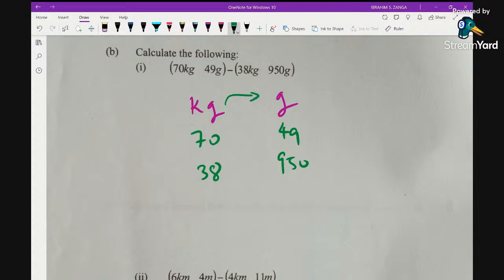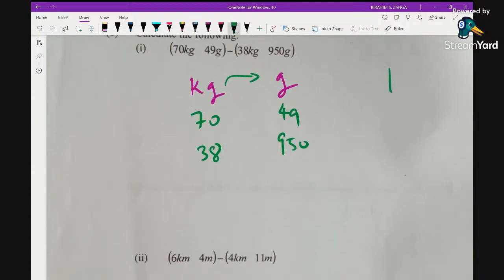And when you borrow that one, you're going to have 1049 minus 950. So 4 minus 5, you have to borrow 1 from the other side. So you're going to get actually 14 minus 5. It is 9.